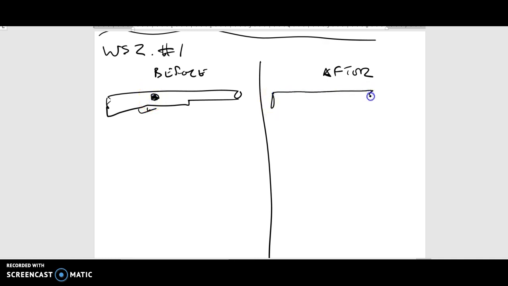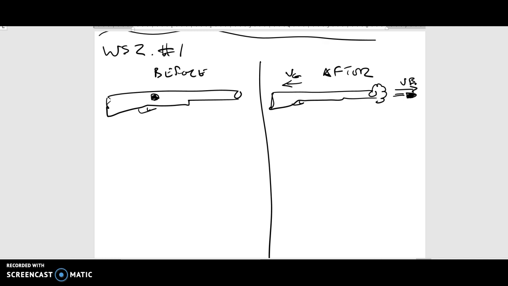After, you've got a gun and there has been an explosion, and now the bullet is traveling at a high rate of speed away from the gun. But if you ever held a gun, you know that the guns actually have their own velocity. Velocity of the gun goes backwards, velocity of the bullet goes forward. And you feel that gun slam against your shoulder if you fire a gun. All right, so we've drawn it.